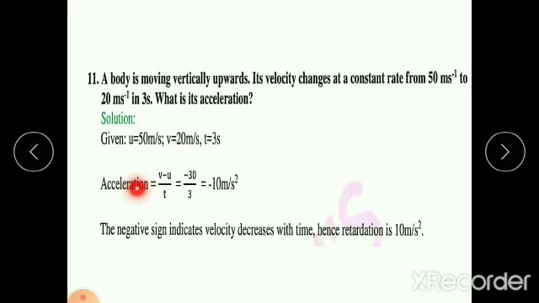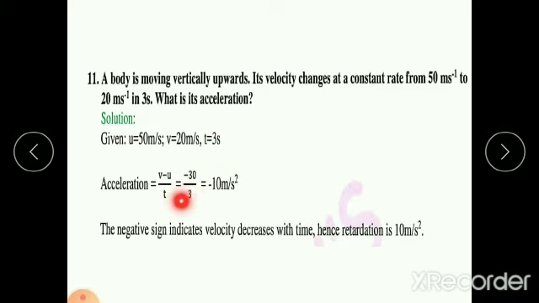So you know the formula to find the acceleration, right? It is change in velocity divided by time taken. Change in velocity is the final velocity minus the initial velocity, divided by time taken. The final velocity is 20 and the initial velocity is 50. 20 minus 50 is minus 30, divided by the time, 3 seconds.